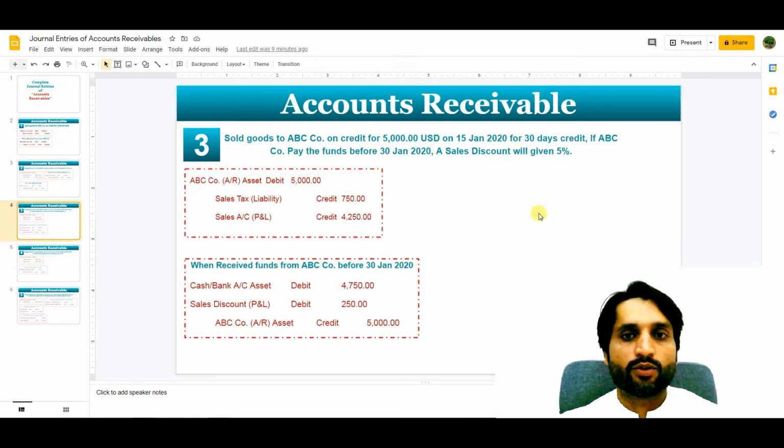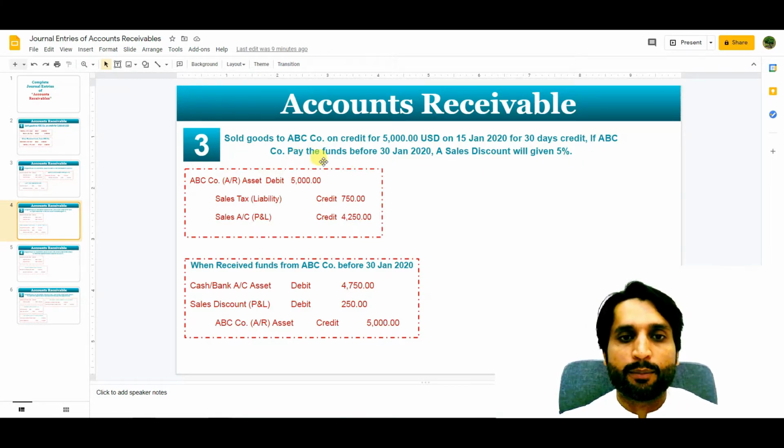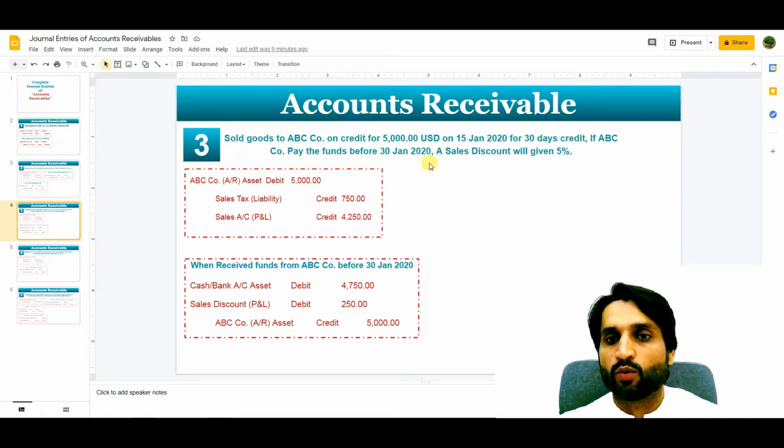Now the third scenario in the account receivable process: sold goods to ABC company on credit for 5,000 US dollar on 15 January 2020 for 30 days credit. We made a condition that if ABC company pays the funds before 30 January 2020, a sales discount of 5% will be given.